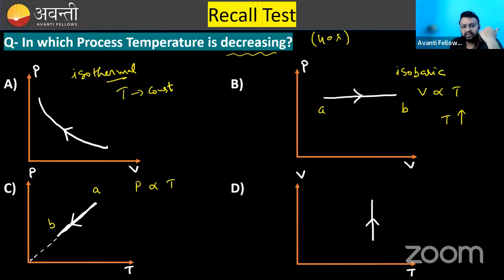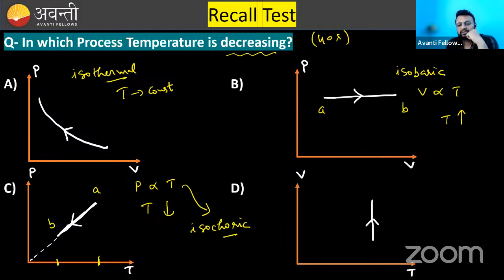If pressure is decreasing, temperature is also decreasing, and you can see that temperature from A to B is decreasing. This is the initial temperature, and this is the final temperature. And if P is proportional to T, then this is an isochoric process.